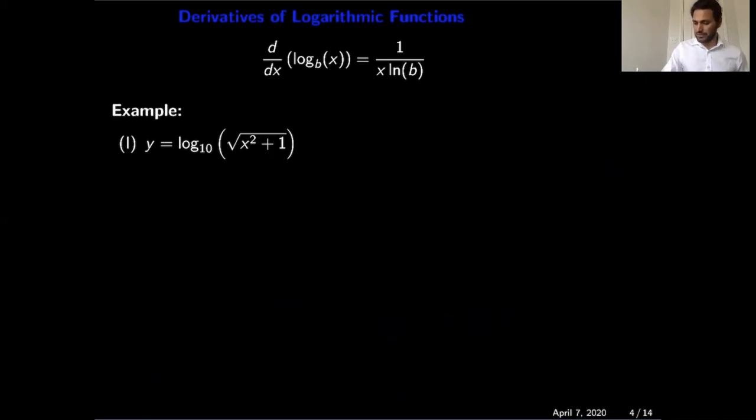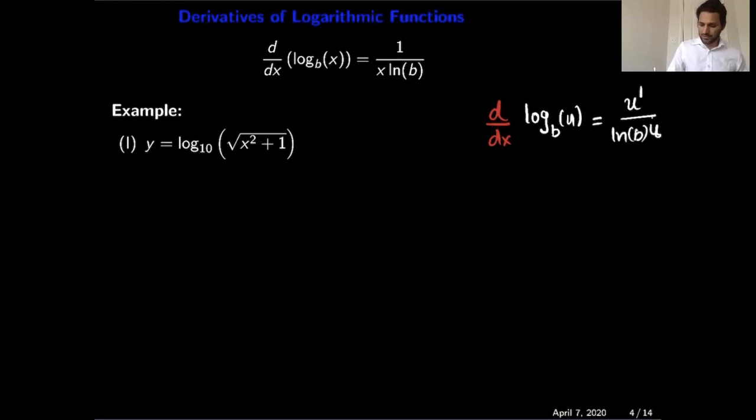We will use this formula also: if we are calculating d/dx of log base b of some function u, it will be 1 over natural log of b multiplied by u, with the derivative of u on the top. We use this for faster calculation.